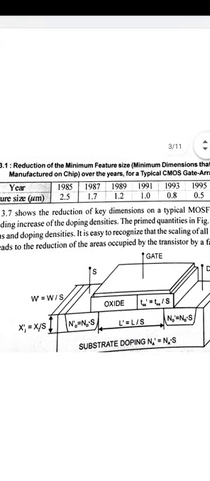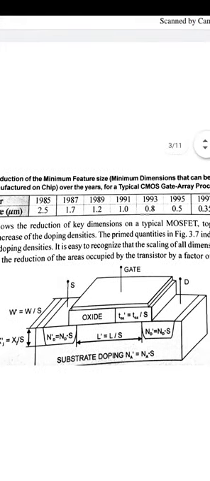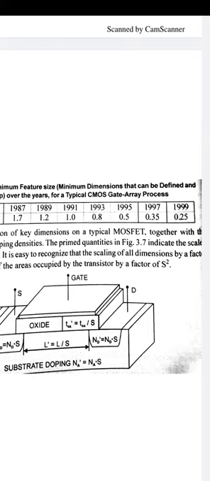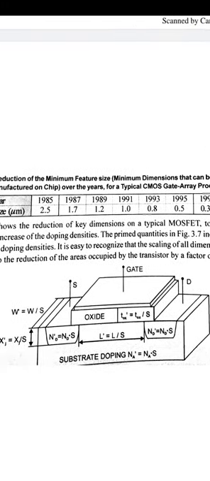In 1987 it is 1.7, in 1989 1.2, in 1991 1, in 1993 0.8, in 1995 0.5, in 1997 0.35, and in 1999 0.25, and at present the minimum feature size is about 15 nanometers or so. As the years increase, minimum feature sizes decrease, meaning dimensions are scaled by a factor S.